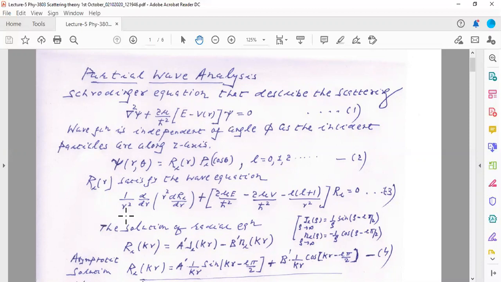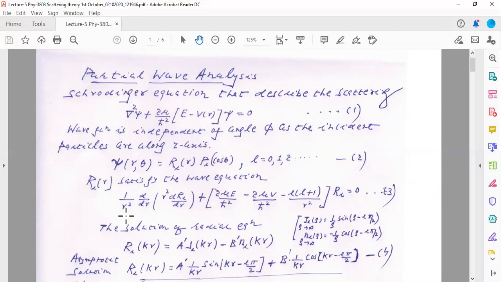There is a range of potential. So you may imagine that surrounding the particle you have a sphere of radius r0, and if the incident particle enters this region of the sphere, that is in the range of the potential, it will experience a potential.